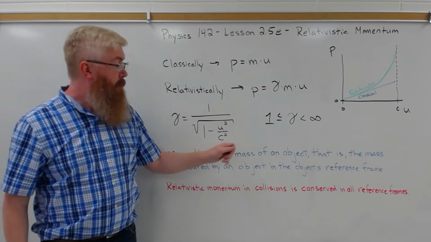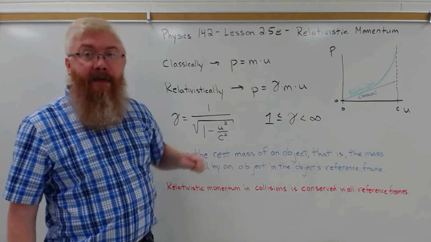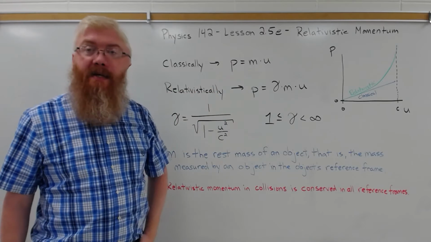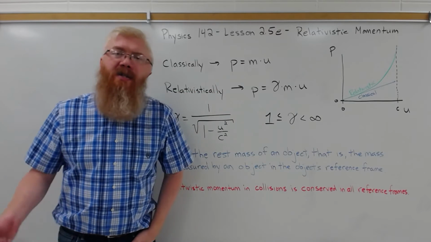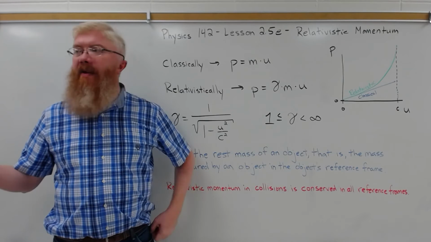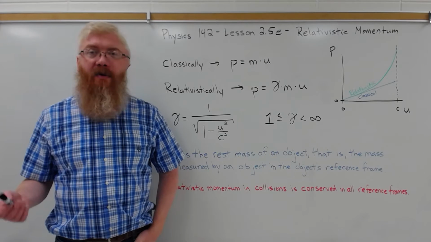So at low speed, gamma is close to 1, and these two equations are basically identical. For collisions on the highway or collisions in the lab, we're not having things travel near the speed of light in our laboratory environment.